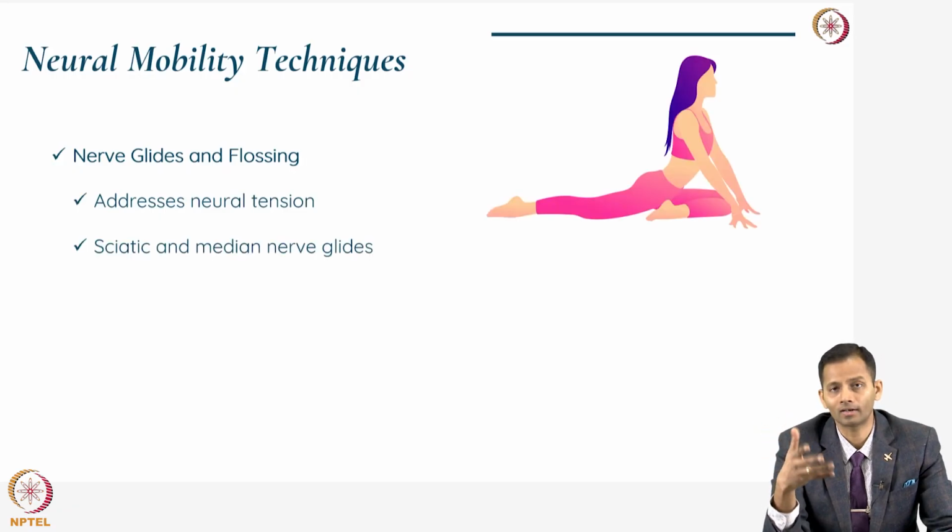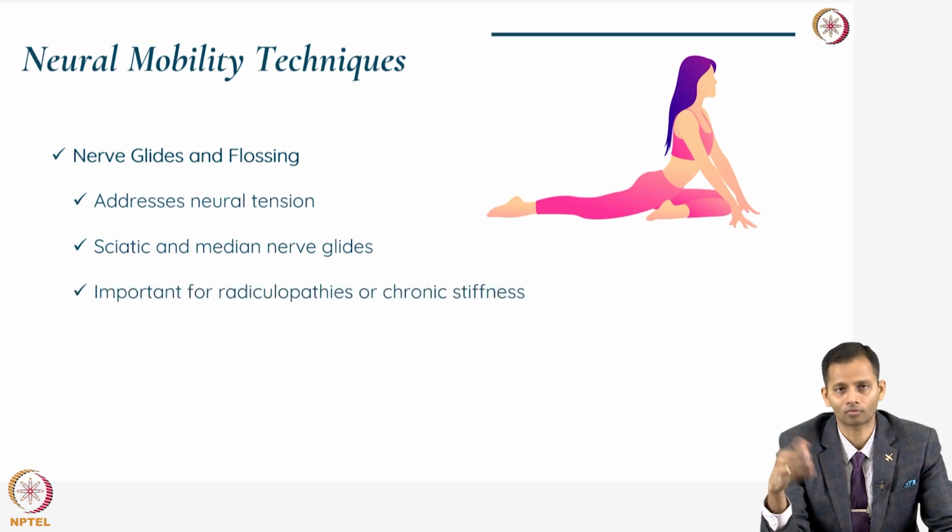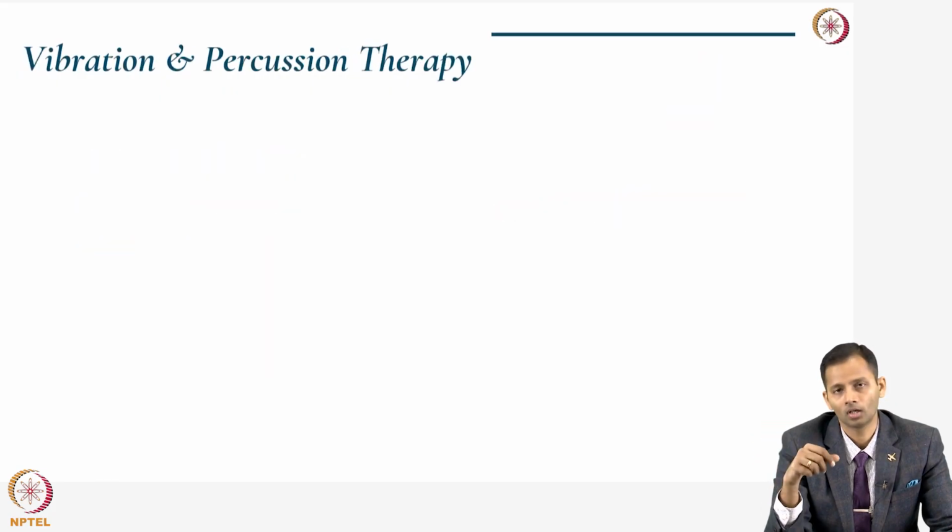Commonly seen are the sciatic and the median nerve glides, which can be done locally, or you can also involve the individual to do more of an active mobility or relaxing programs using the neurodynamic procedures, using self-stretching techniques as well, say for the sciatic nerve or for the median nerve. Important especially in radiculopathies, and for chronic stiffness as well.